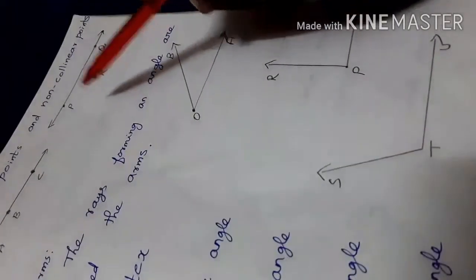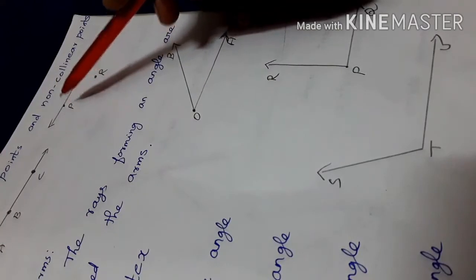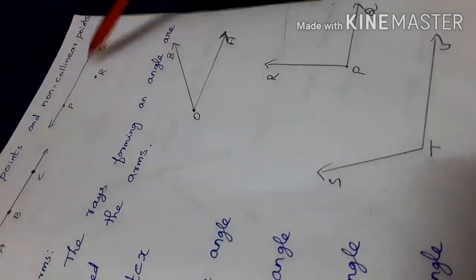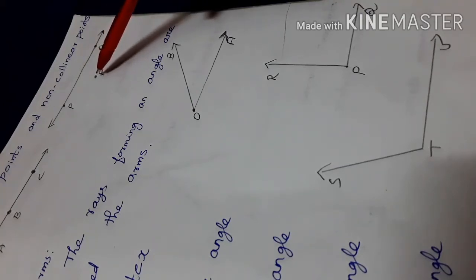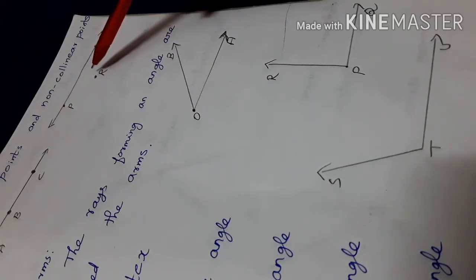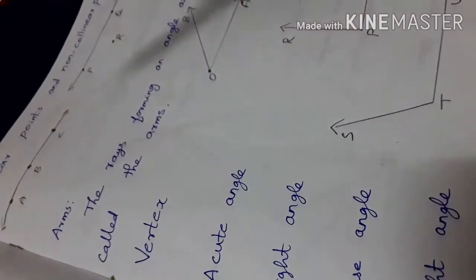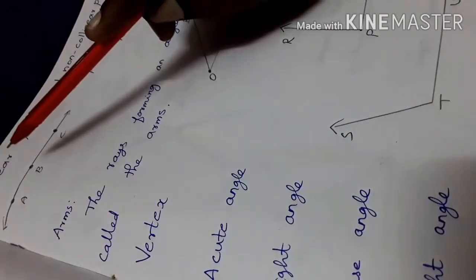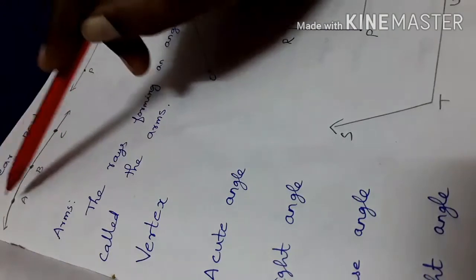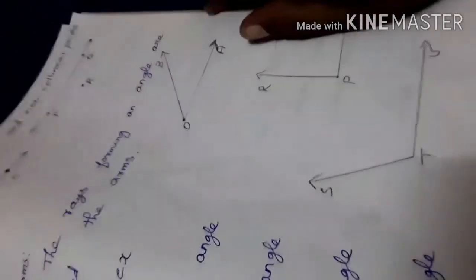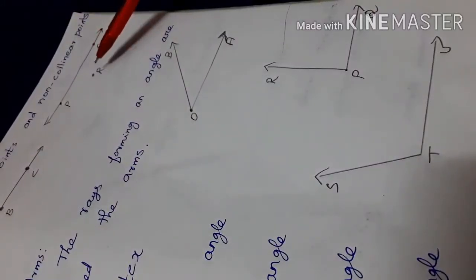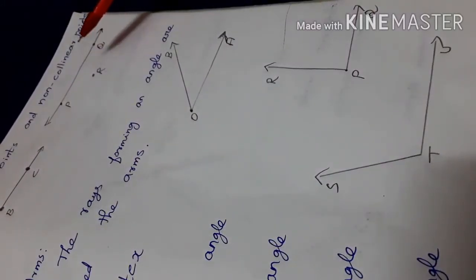But non-collinear means two points are in the same line, but one point does not lie on the line. It will come outside the line. So this point is called a non-collinear point. Do you understand what is collinear? All this we studied in 6th standard. Collinear points means two or more points lying on the same line. Non-collinear points do not lie on the same line.